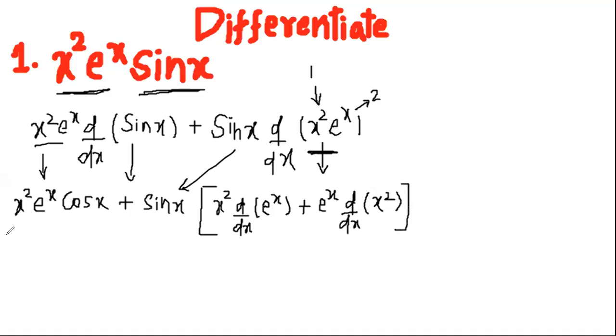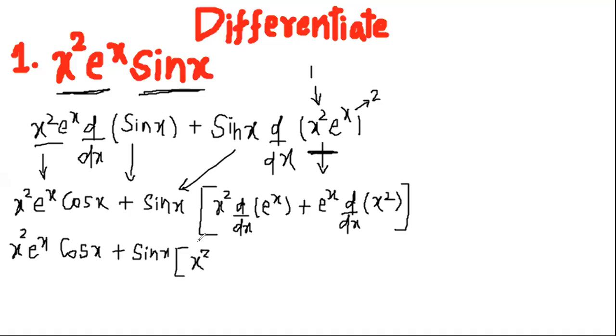So now you get x square e to the power x cos x plus sin x. x square will remain the same.